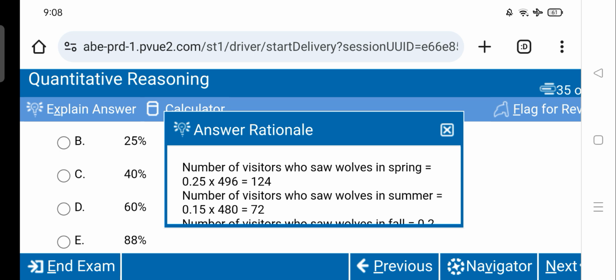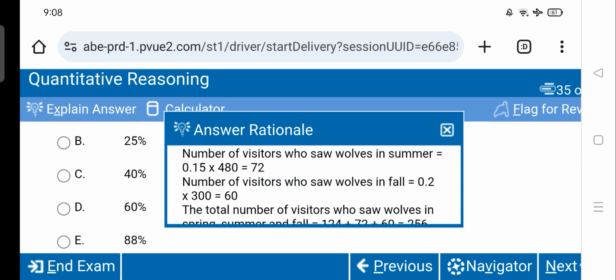Number of visitors who saw wolves in summer equals 0.15 multiplied by 480 equals 72. Number of visitors who saw wolves in fall equals 0.2 multiplied by 300 equals 60.